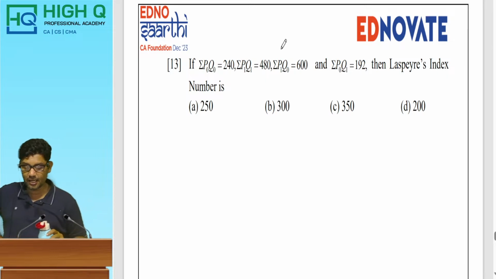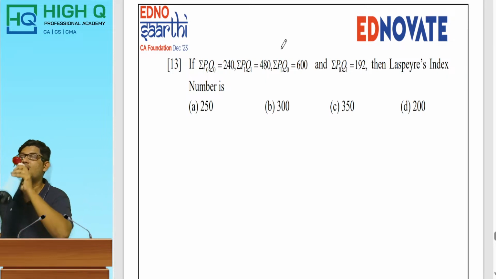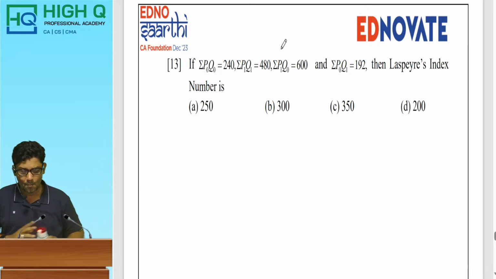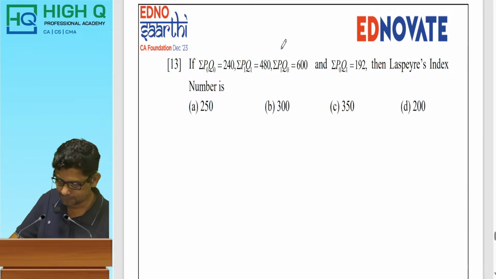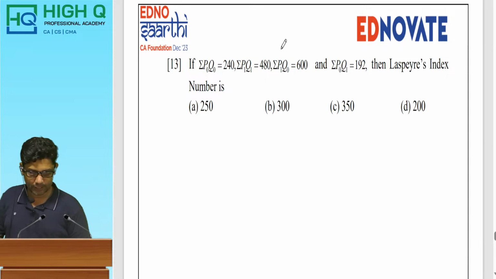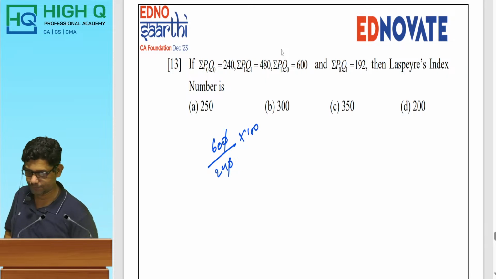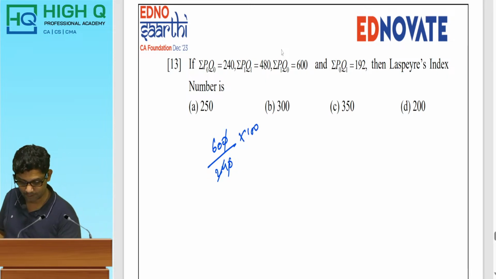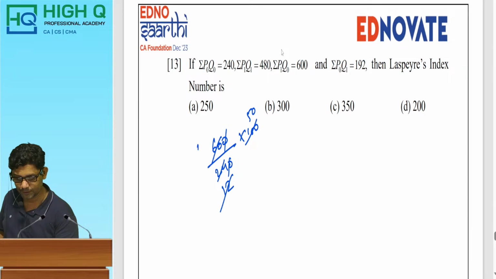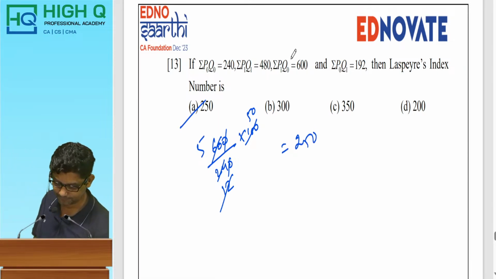Is it 600 divided by 240 into 100? Okay. 600 divided by 240 into what? 100. Am I right? 50 times, 12 times, 5 times, 250. Option A.